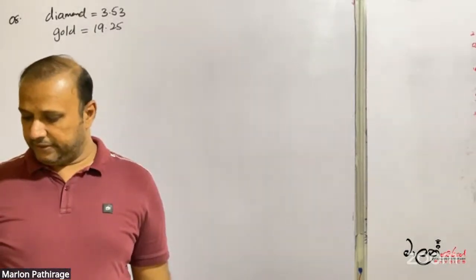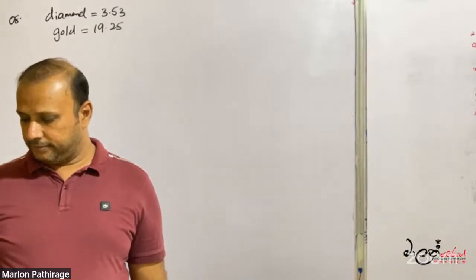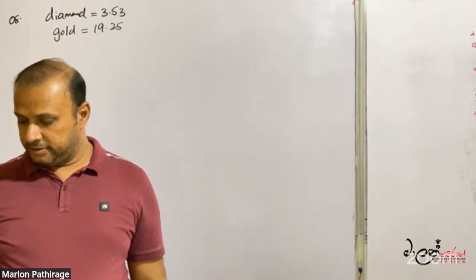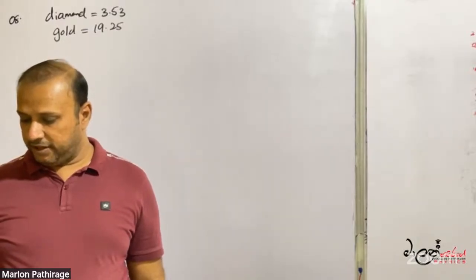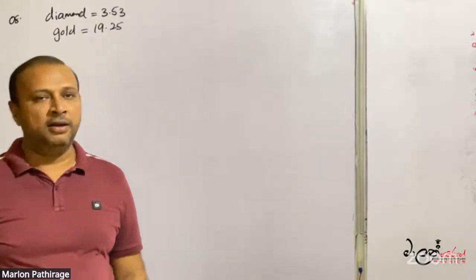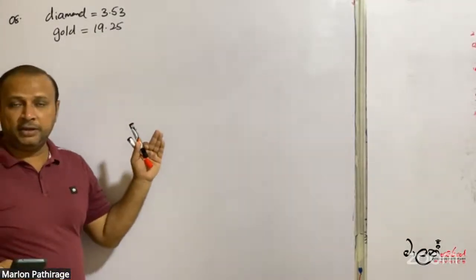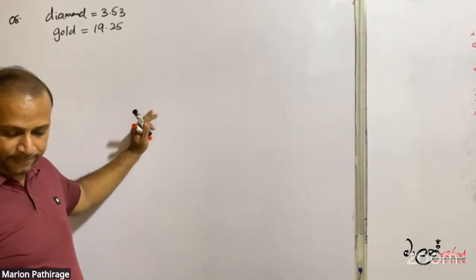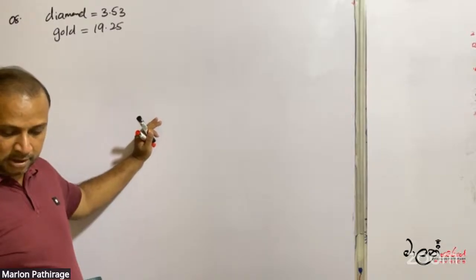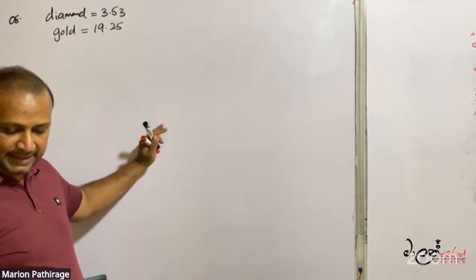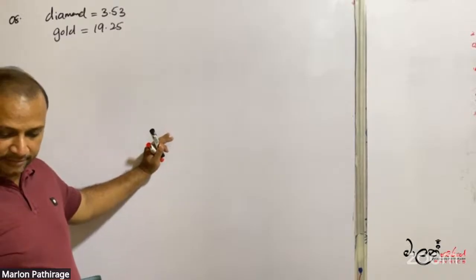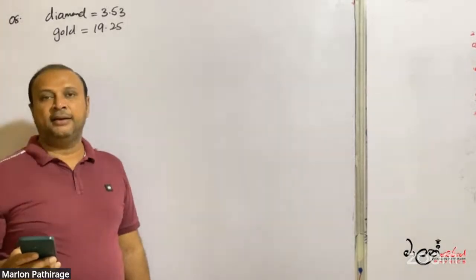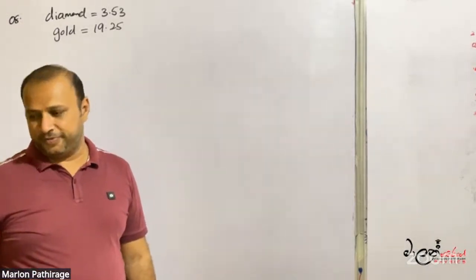A ring made of gold and studded with diamond weighs 10 gram. Now, a ring is made out of these two materials and the weight of that ring is 10 gram. Find the weight of the diamond set in the ring, if the ring's specific gravity is 8.32.